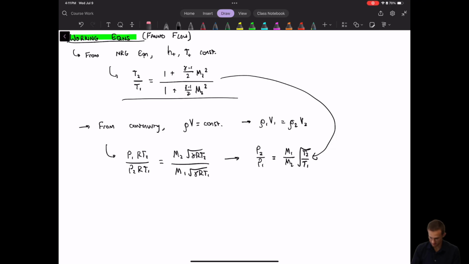And then this immediately gives us rho 2 over rho 1 as well, where we have M1 over M2 times the square root of 1 plus gamma minus 1 over 2 M2 squared over 1 plus gamma minus 1 over 2 M1 squared.